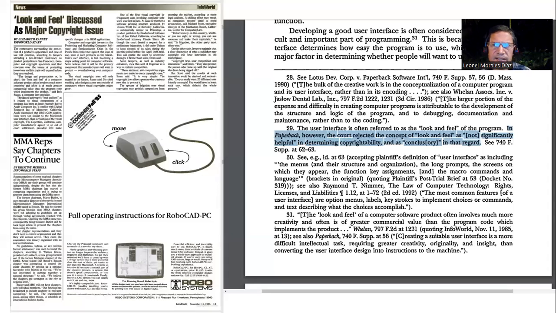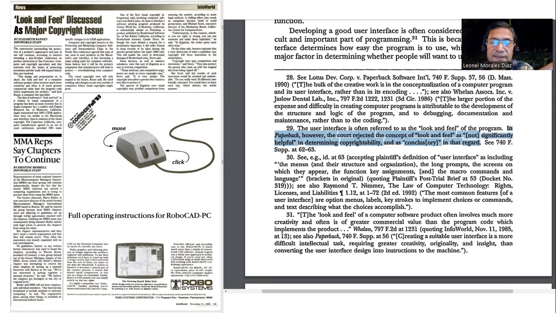Also, I found several interesting cases like this one. In the 80s and 90s, the idea of the look and feel of a program, of a system, of software was very popular to describe or to try to convey the idea of user interface.